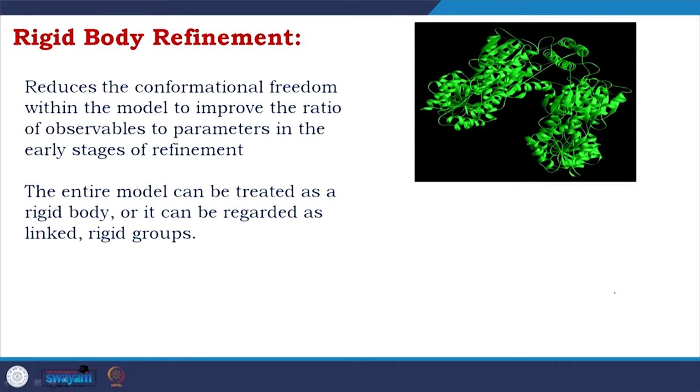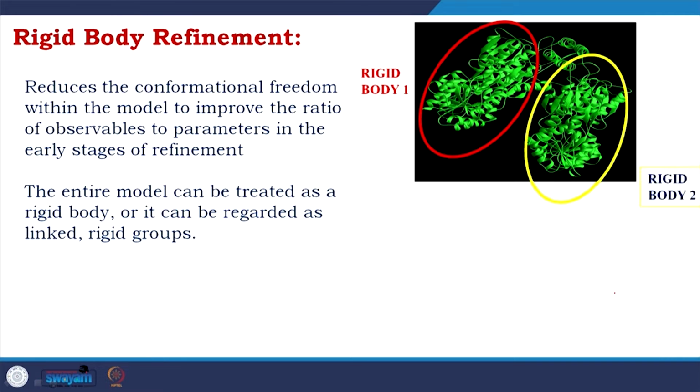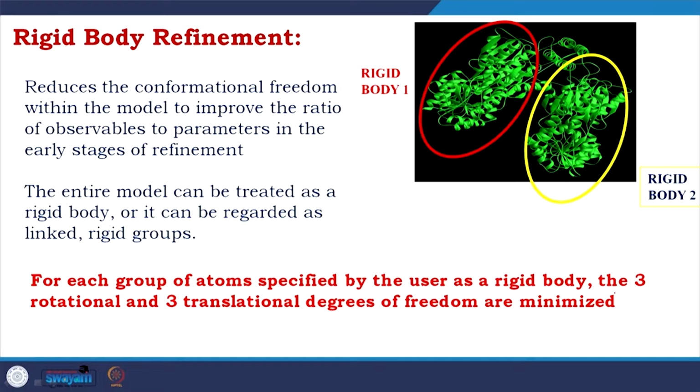If you see, there are two different domains. One domain is considered as rigid body 1 and the other domain is considered as rigid body 2, and for each group of atoms specified by the user as a rigid body, the rotational and translational degrees of freedom are minimized.